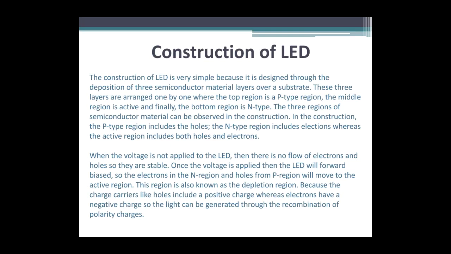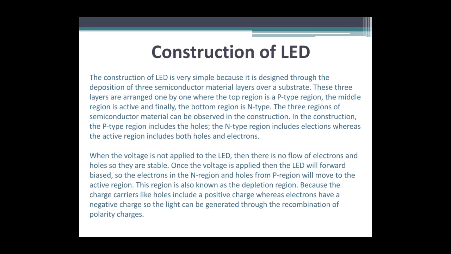When voltage is not applied to the LED, there is no flow of electrons and holes, so they are stable. Once the voltage is applied, the LED is forward biased, so the electrons from the N region and holes from the P region will move to the active region.